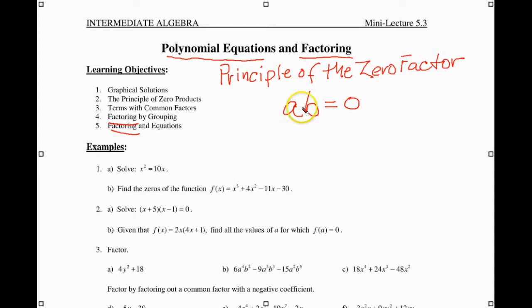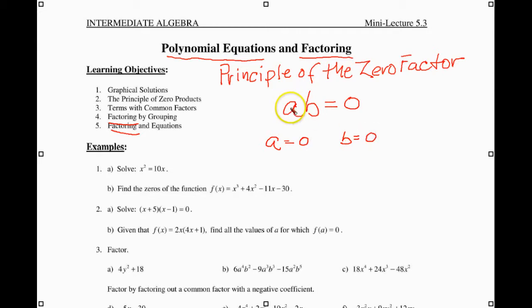If we are multiplying these variables, and the product of these two factors is equal to 0, then in order for this to be true, either A or B had to equal 0.